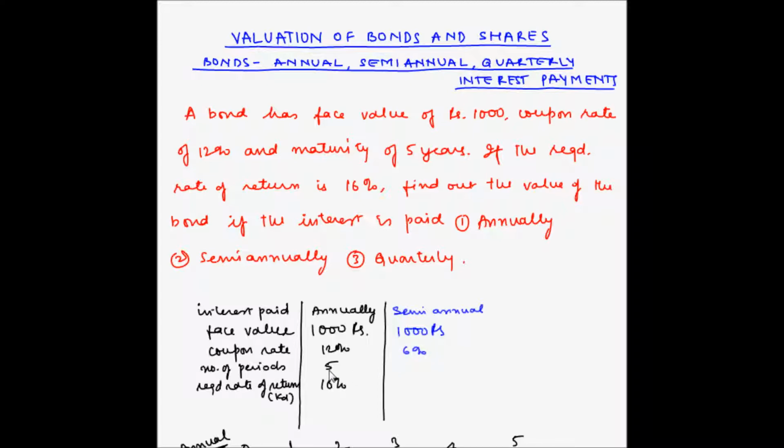Number of periods was 5. This was basically number of years, 5 years. But now the interest payment is happening semi-annually, so the number of periods will double, which will become 10. Required rate of return is also annual, so half yearly it will be half, so this will be 8%.